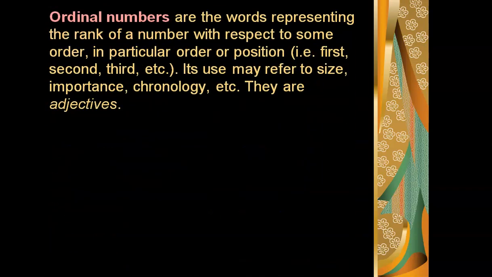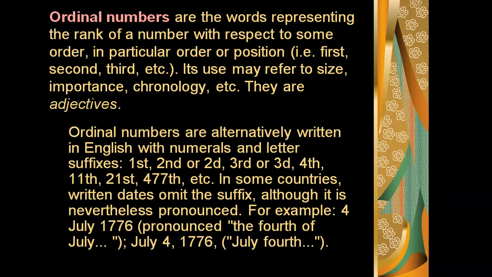So, ordinal numbers are the words representing the rank of a number with respect to some order, in particular order of position. For example, first, second, third, and so on. Its use may refer to size, importance, chronology, and so on. The adjectives.